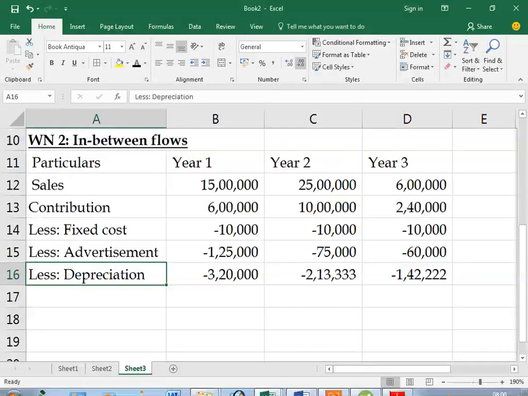I gave an example. No, owned warehouse doesn't mean it is irrelevant. Notional rent. You need not pay any rent, but the concept is finance opportunity cost.